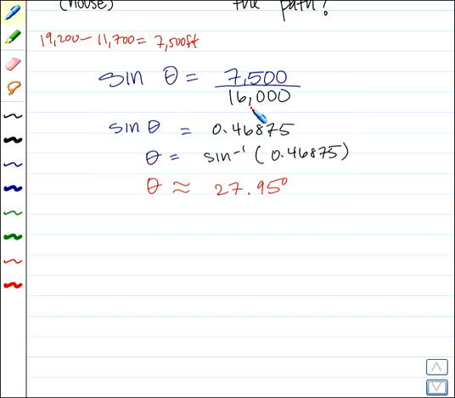Sine of our angle is equal to 7,500 over 16,000. Alright, now this is approximately 0.46875. Taking the inverse sine of both sides, we see that our angle, the inclination of the path, is 27.95 degrees. And that is definitely our answer.